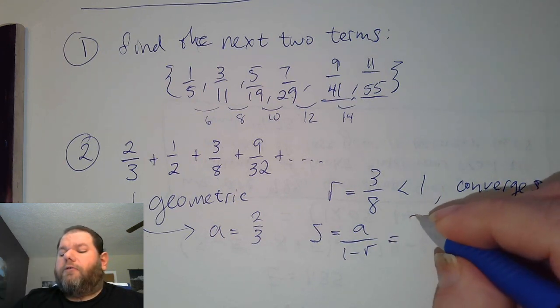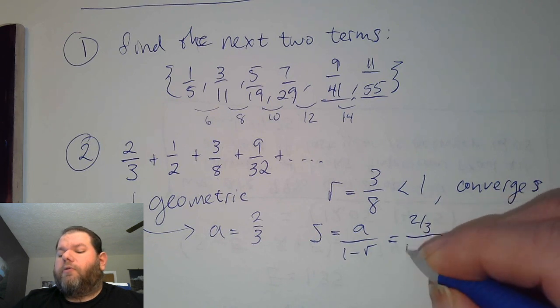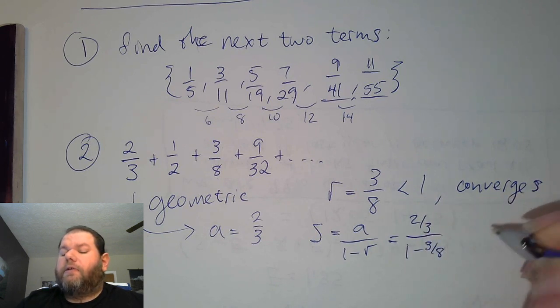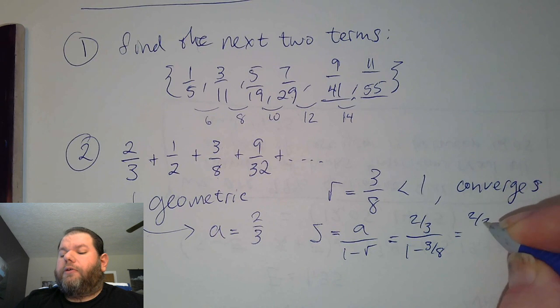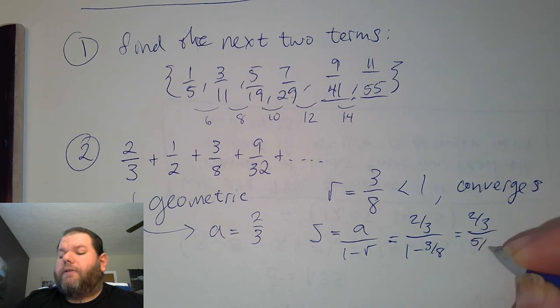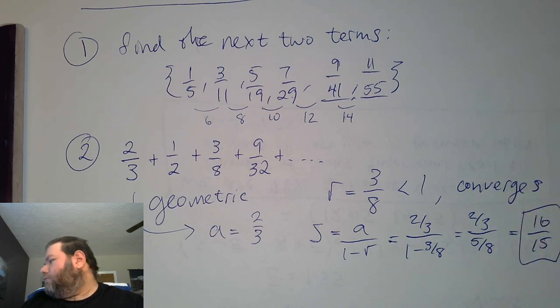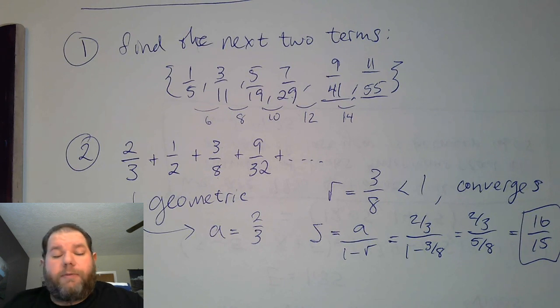A is 2/3 over 1 minus 3/8. So it's 2/3 divided by 5/8, which is 16/15. So that would be the sum of this series of numbers.